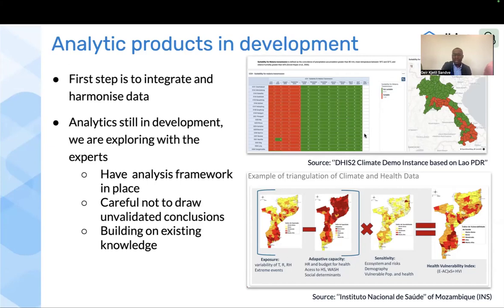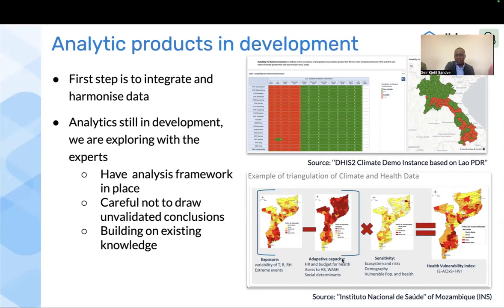And this is an example of what we're able to get from the field, where they're looking at malaria suitability. Here they're looking at temperature, precipitation, and relative humidity within certain ranges, and then being able to define what is suitable for malaria transmission in a given period of time. Here you could do a map, but also you could do a table where you can put districts for the different months.